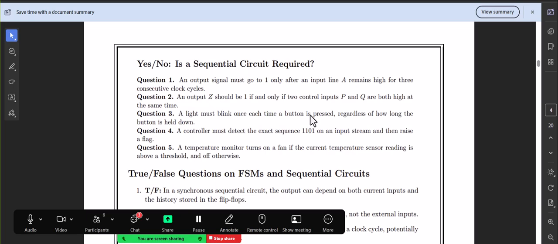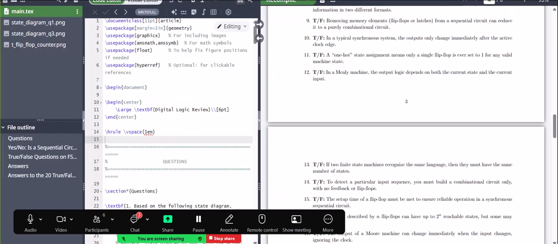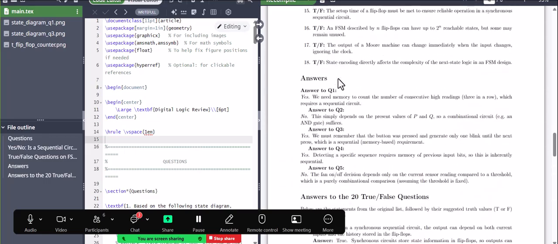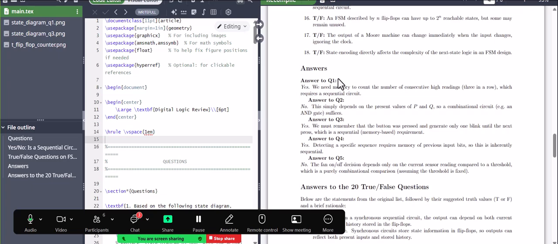Oh, I see, if X is greater than Y. Yeah, basically no. The fan on-off decision depends only on the current sensor reading compared to a threshold, which is a purely combinational comparison. What does it say about move 3? That one was a yes. We must remember the button was pressed and generate only one blink until the next press.